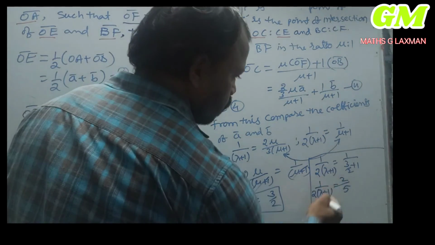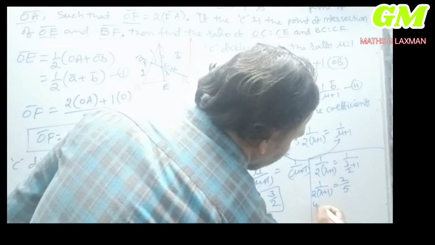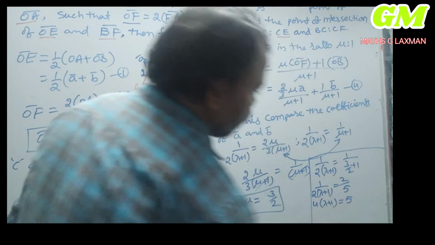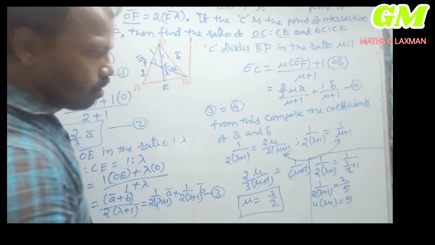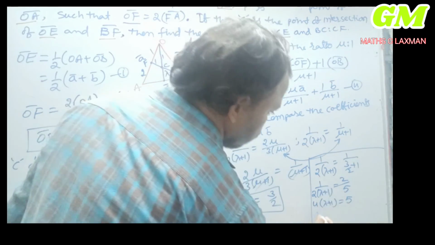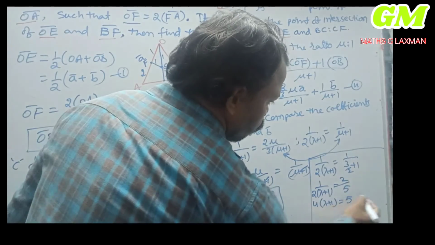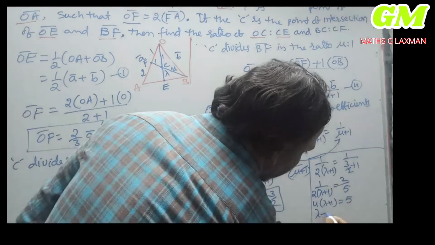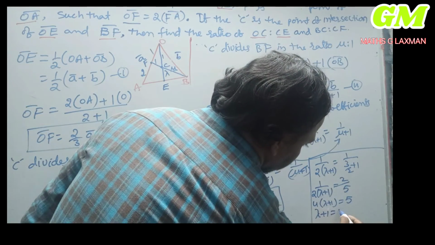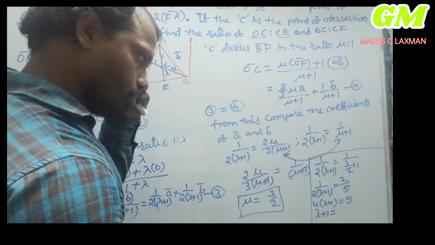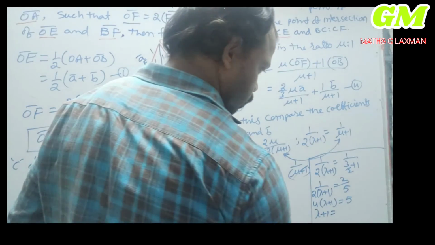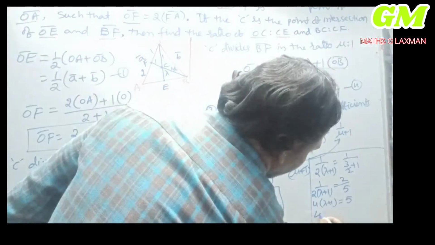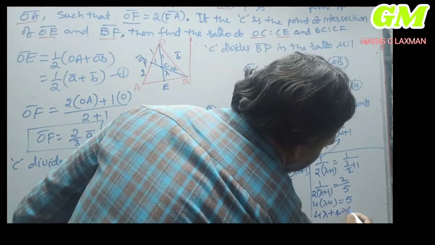Doing the cross multiplication, you will get 4 times of lambda plus 1 equal to 5. So 4 lambda plus 4 is equal to 5.